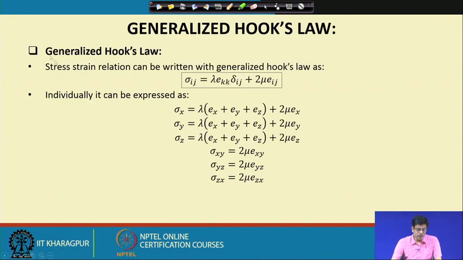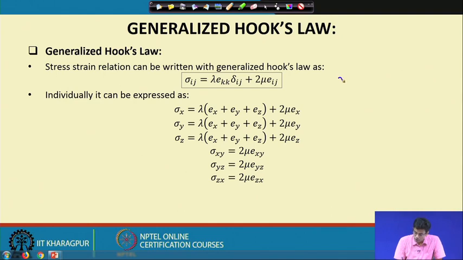Now, if I take this relation, the generalized Hooke's law, sigma ij is lambda epsilon kk delta ij plus 2 mu epsilon ij in tensorial notation.